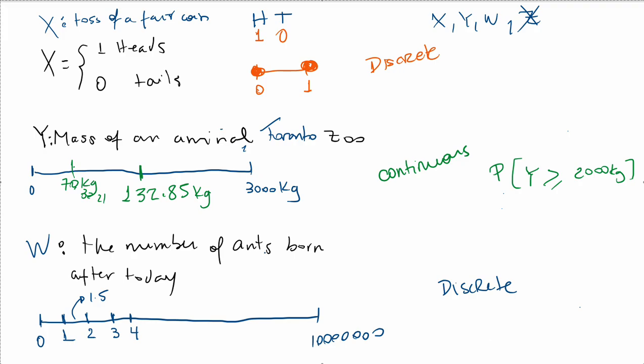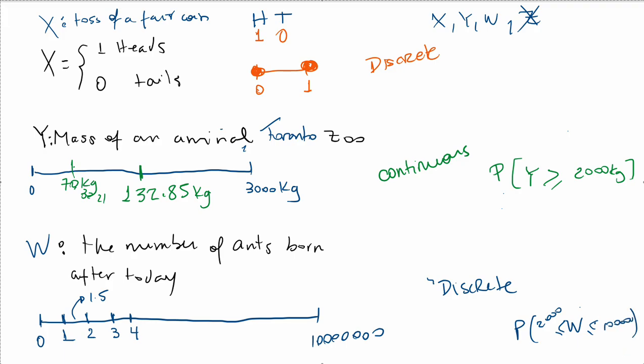And I can also pose questions like, okay, what's the probability of the number of ants born after today being more than 2,000 and less than, I don't know, 1 million? Okay?